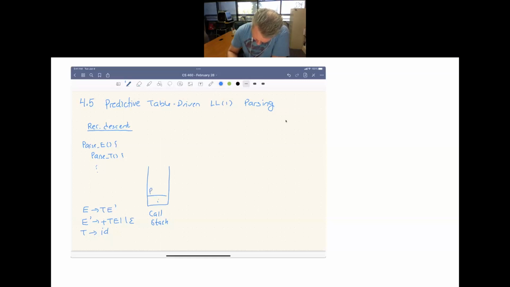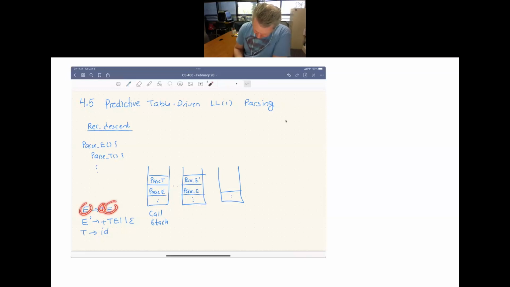Some stuff, parse E, parse T, and then it would become parse E, parse E prime, and then it would look like that. Because in order to do an E, you have to do a T and an E prime. So we have the E there, we do the T first, then we do the E prime, and then we're done. So we can sort of mimic that on a stack in some way.